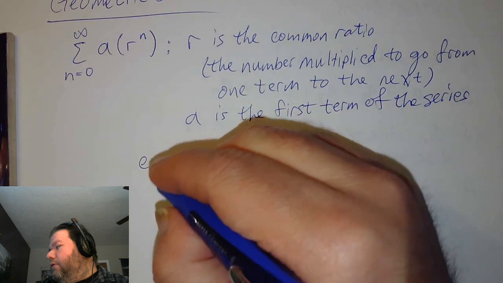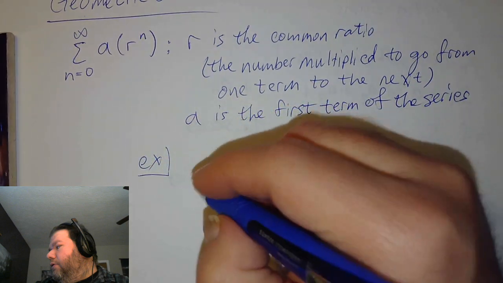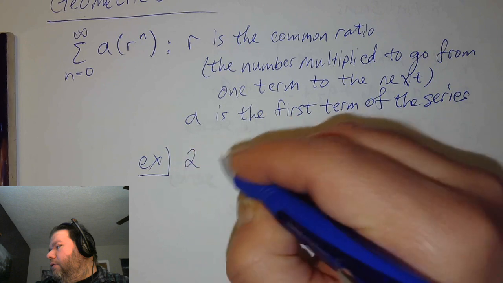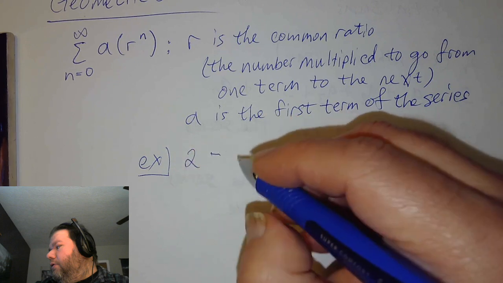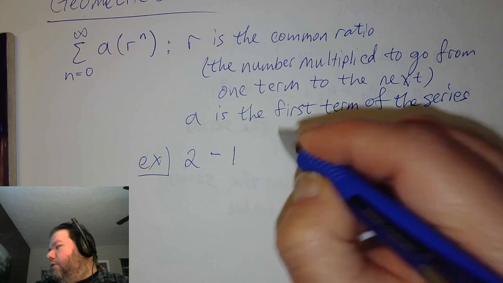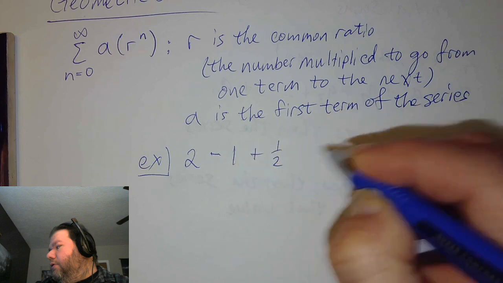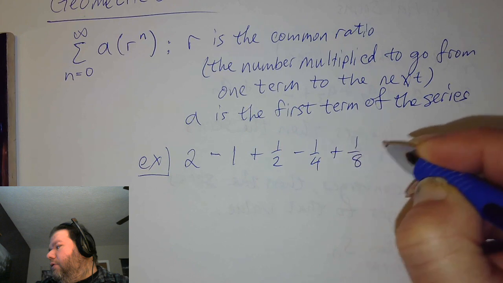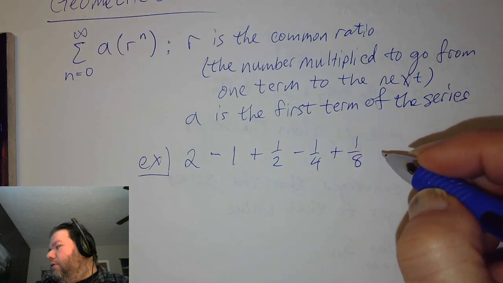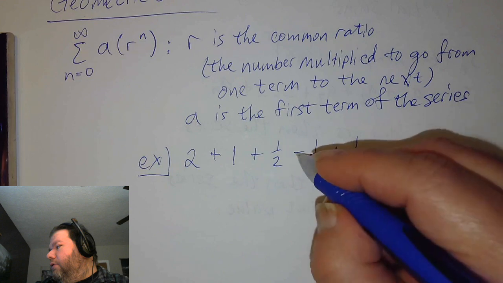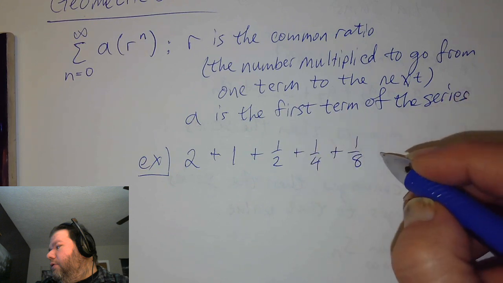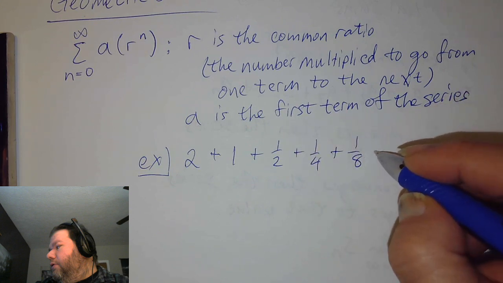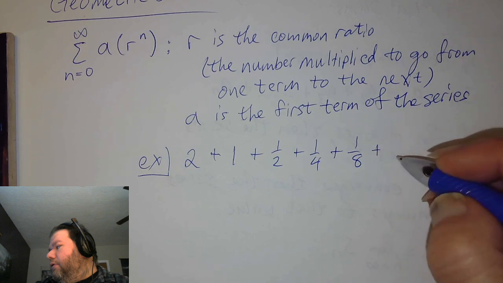For example, we might see a series such as this: 2 minus 1 plus 1/2 minus 1/4 plus 1/8. Let's just make it all pluses at this point. We'll start off positive.